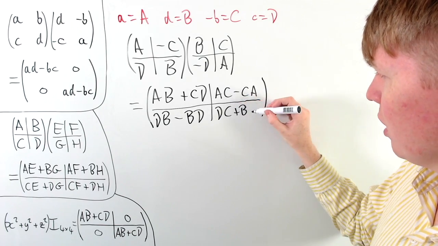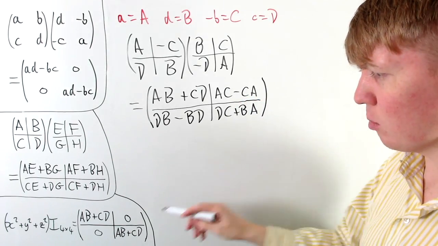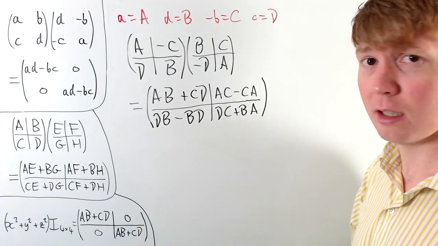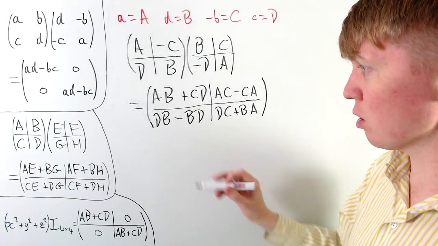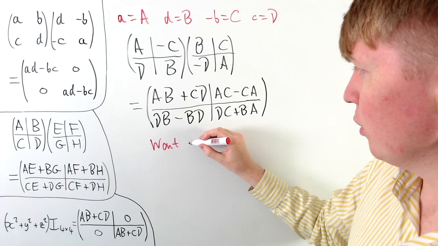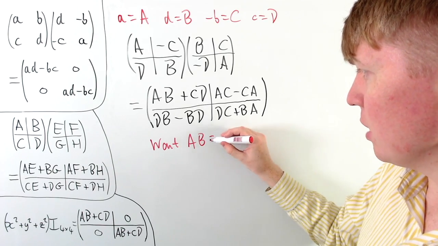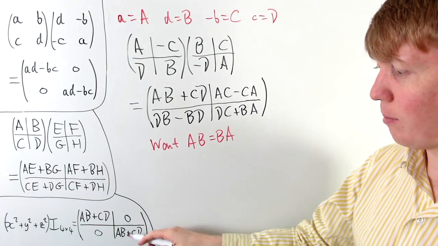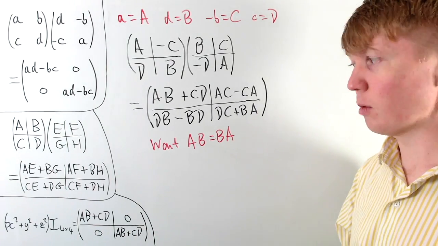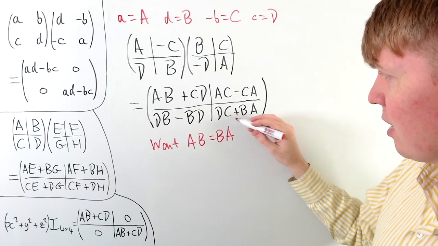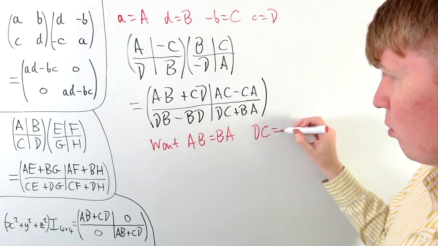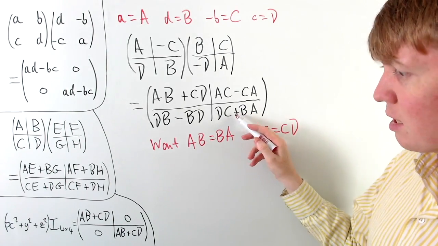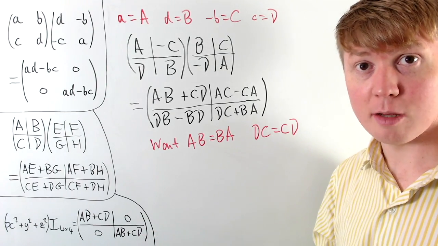And even for our bottom right entry, we get DC plus BA. So if we want this DC plus BA to be equal to AB plus CD, we need quite a lot of constraints. First of all, we want AB to be equal to BA, so that our BA term down here matches up with our AB term that we want. We also need DC to be equal to CD, so that this DC term matches up with our CD term down there.